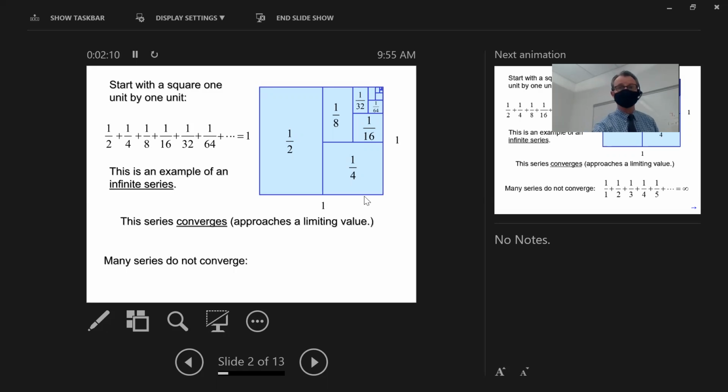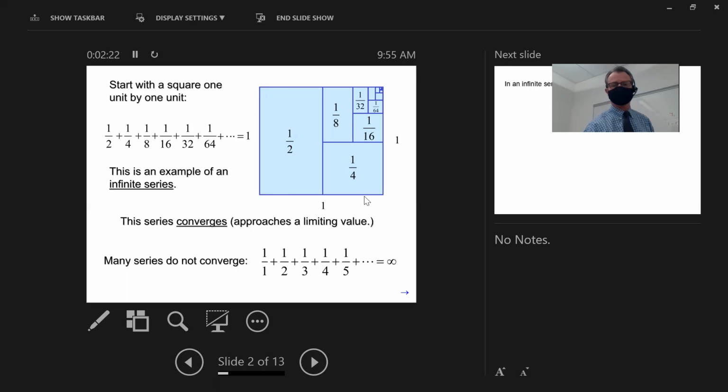Many series do not converge. Most of them don't. The ones that converge are special. That's the ones we're interested in. So look what they got here. That's the harmonic series. 1 plus 1/2 plus 1/3 plus 1/4 plus 1/5.